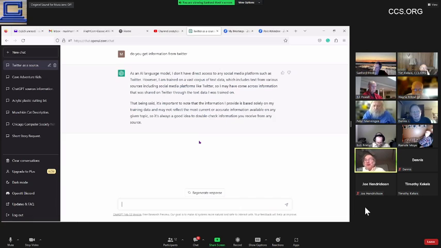Will this draw a picture? I mean, can we get a picture of a Chicago Computer Society user? Have it generate a picture. I don't think so. No, you'd have to use a different AI engine for that. This is strictly conversational or word-based information.